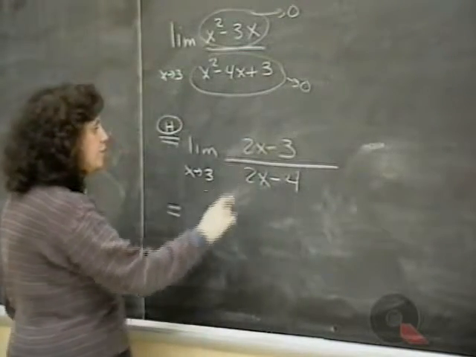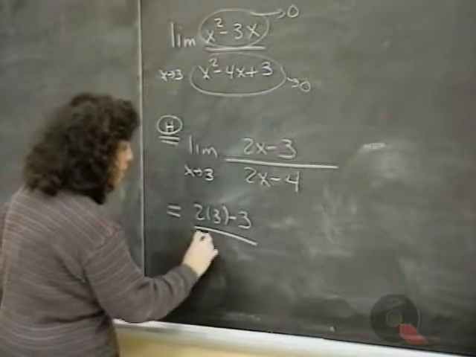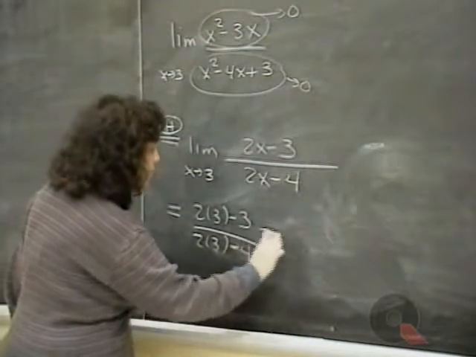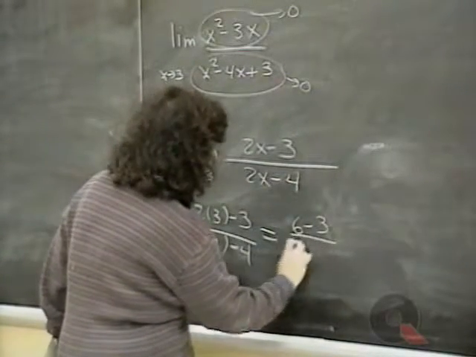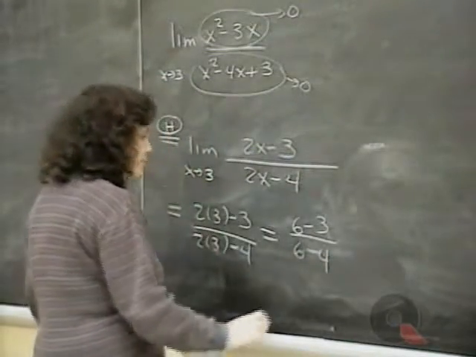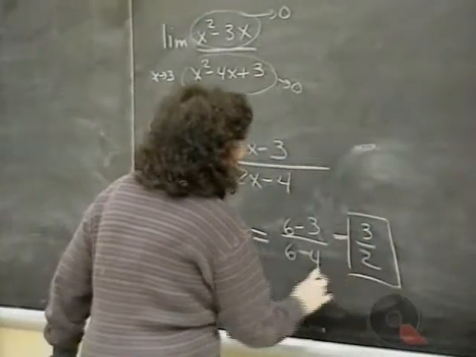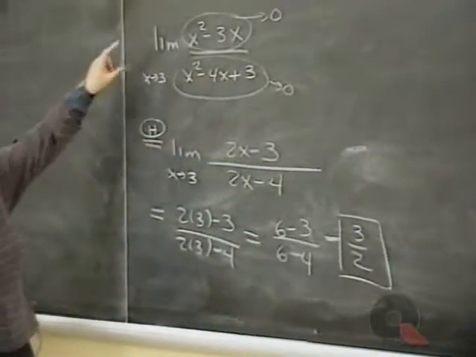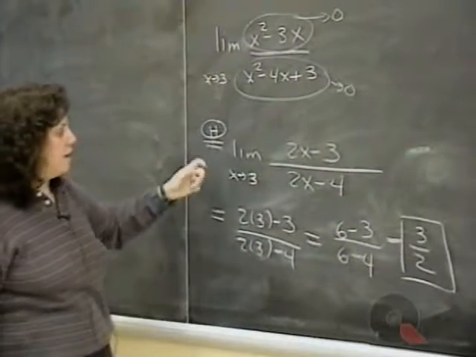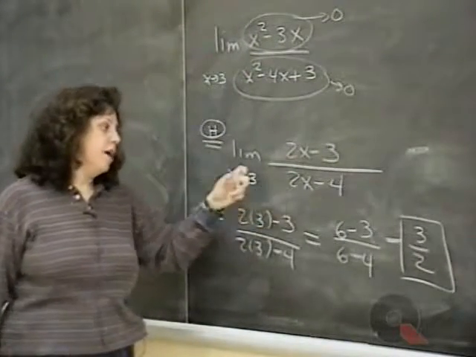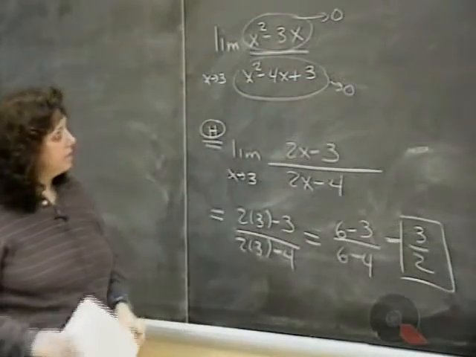And if we do that, we get 2 times 3 minus 3 over 2 times 3 minus 4, 6 minus 3 over 6 minus 4, for an answer of 3/2. According to L'Hopital's rule, the original problem, which was of 0 over 0 form, its limit is the same as the limit of this new problem, in which we evaluate the limit of the derivative of the top over the derivative of the bottom.